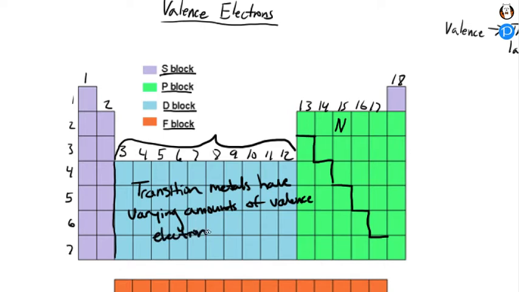It really has to do with these 3d orbitals, which throw things off a little bit. But we'll get to those a little bit down the road. For now, we're just going to ignore those transition metals when we're talking about valence electrons.